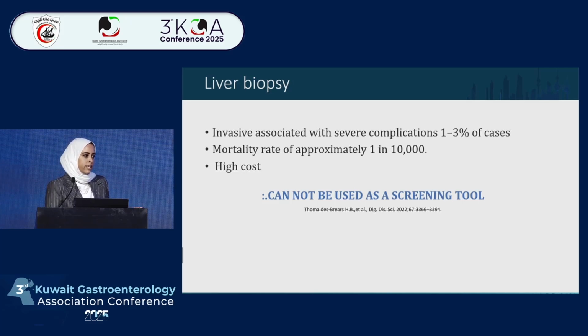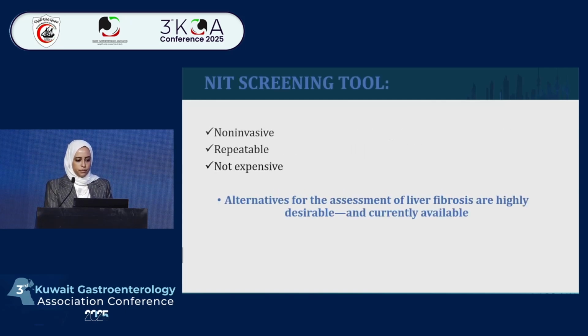Sometimes for EUS-guided biopsies, we don't even have the needle available. So this cannot be a screening tool. A NIT screening tool should be non-invasive, repeatable, and not expensive. It's an alternative for the assessment of liver fibrosis, which is highly desirable and, in fact, available.